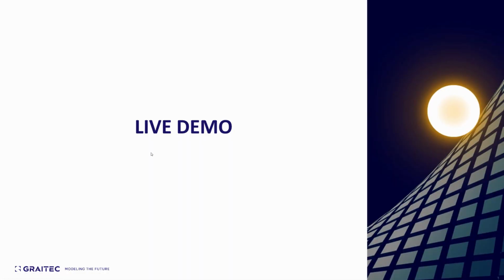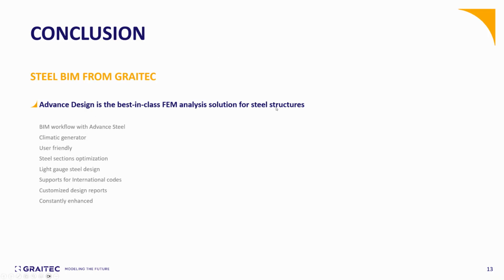Okay, so let's go back to our slides. Just to conclude the webinar, what are the main benefits of using this workflow and using Advanced Design for steel structures? As you see here, the first one is the beam workflow, automatic climatic load generators. Advanced Design is very user-friendly in case you want to modify your model, change, switch stuff.